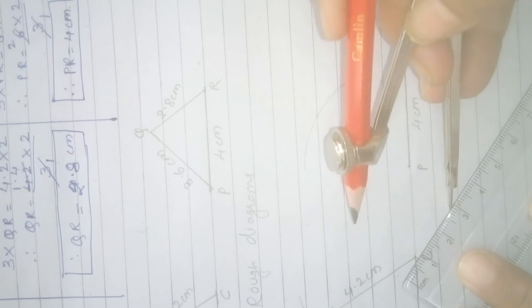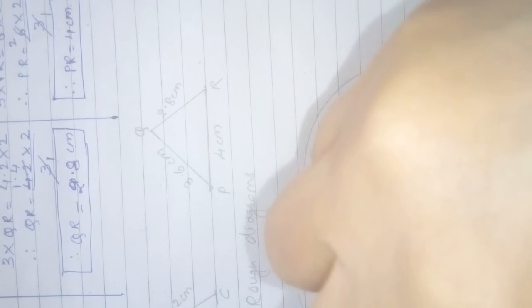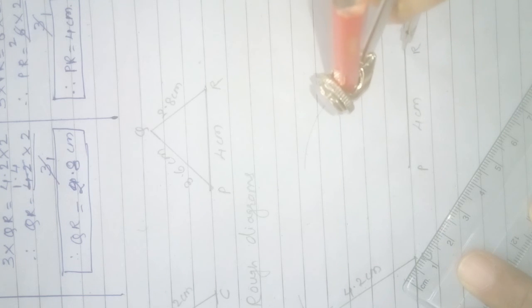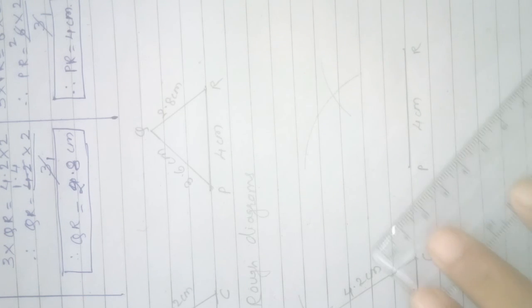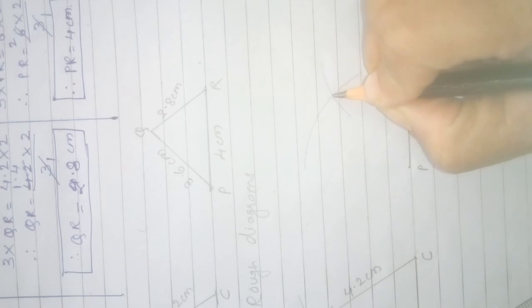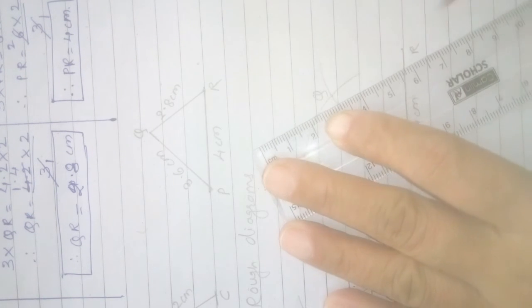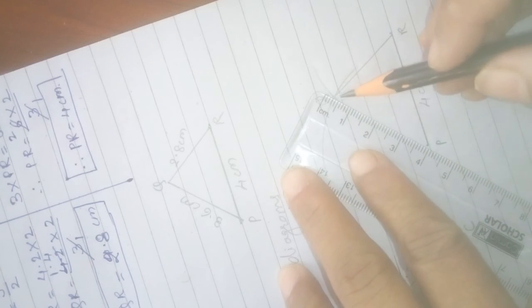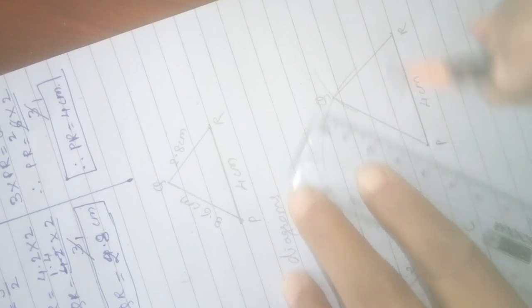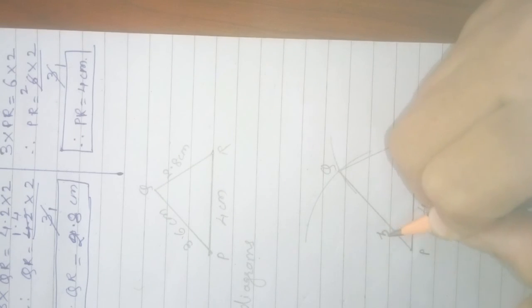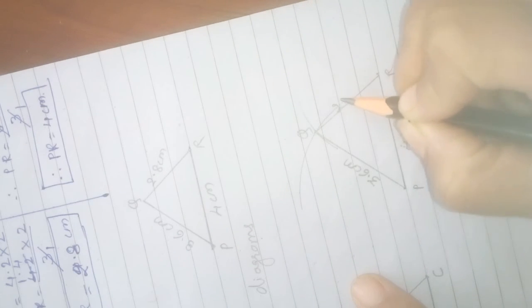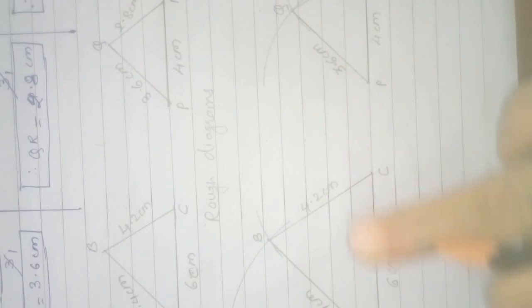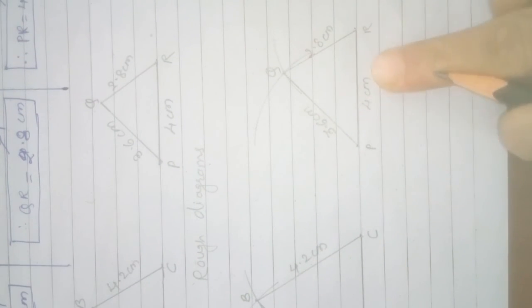Now take the distance of 2.8 centimeters because QR is equal to 2.8 centimeters. This is the point of intersection, point Q. Now join QR and PQ also. PQ is equal to 3.6 centimeters and QR is equal to 2.8 centimeters. So these are our final figures of triangle ABC and triangle PQR.